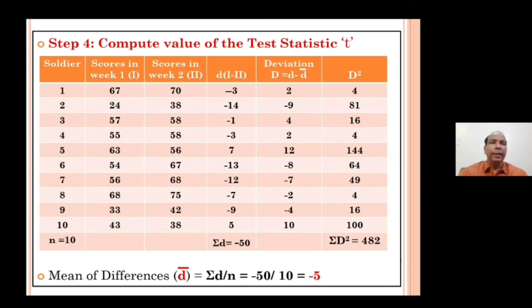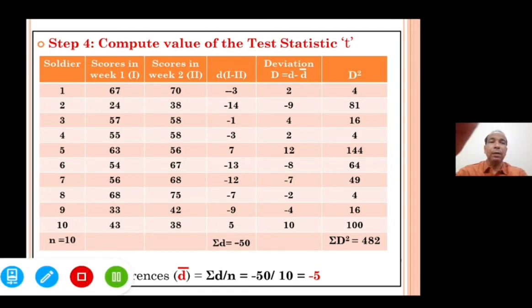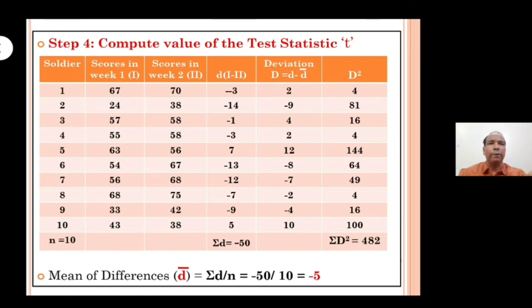Step 4, here we compute the value of T statistic. This is the table given before you. First 3 columns are given in the problem: soldiers from 1 to 10 and their score of 1 week, then a score of 2 week. What we do, then we compare.